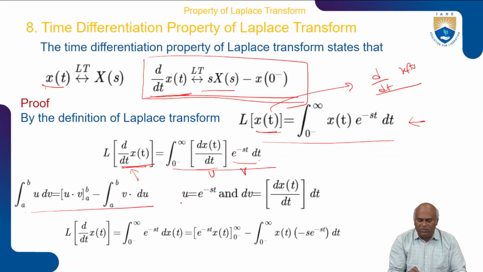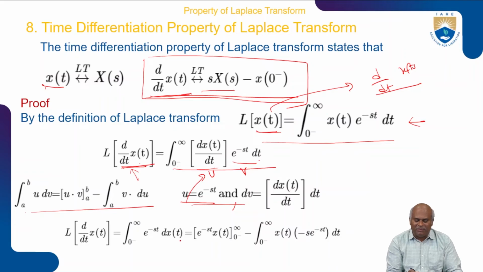So u is equal to e^(-st) and dv is equal to d/dt x(t) dt. I substitute all these values into this equation. So finally I got the Laplace transform of d/dt x(t) is equal to the integration from 0 to infinity of e^(-st) dx(t), which is equal to e^(-st) x(t) from 0 to infinity, minus the integration from 0 to infinity of x(t) times the derivative of e^(-st), dt.